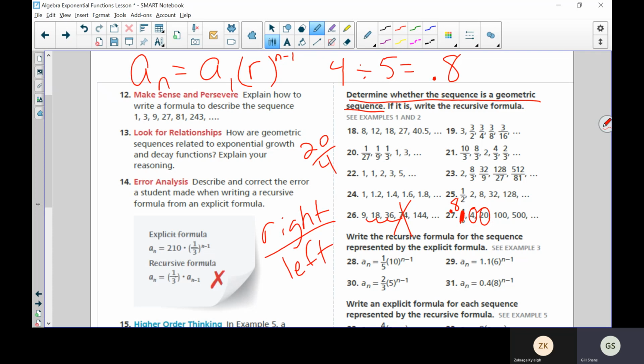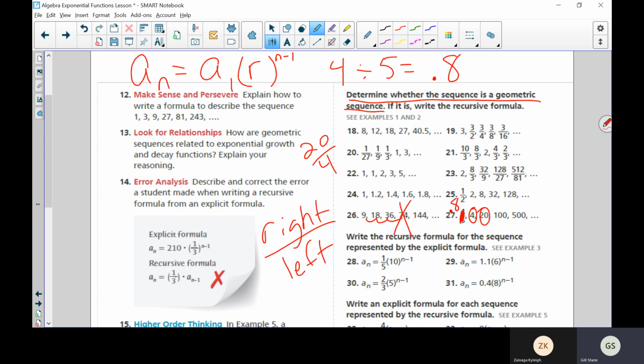But then the rest of it's the same. You take the first number out of the sequence, so we can look at this one that we already did. The first number would have been 4/5, or if you put 0.8, I'd be fine with that. Then you would say times, so you could put it in parentheses or put the multiplication symbol. R would be what? For number 27, same one we just did. What was the pattern in number 27? I think it was 2.